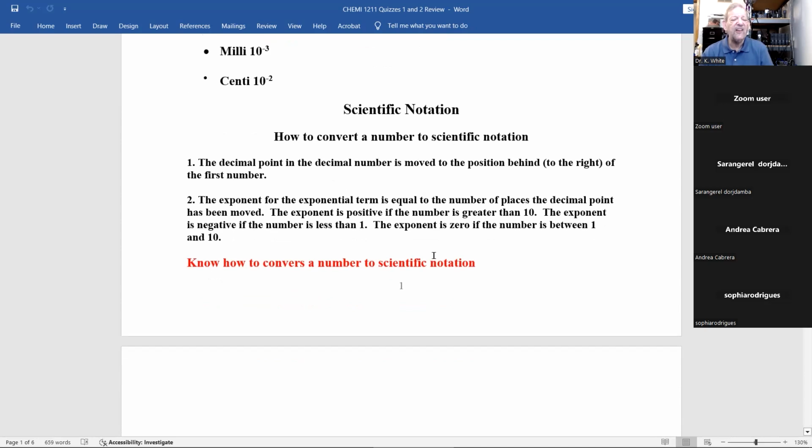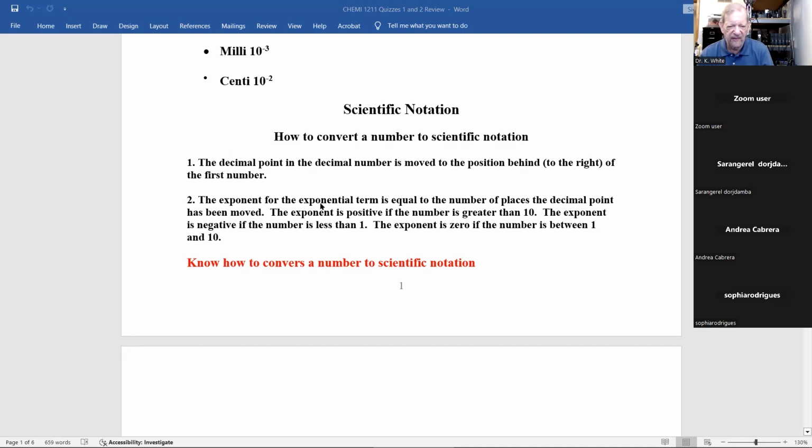All right, next I talked about scientific notation. Scientific notation is how to take a very big number or small number and write it in a certain way. And you should know how to convert a number to scientific notation. The decimal point is moved to the position to the right of the first non-zero number.